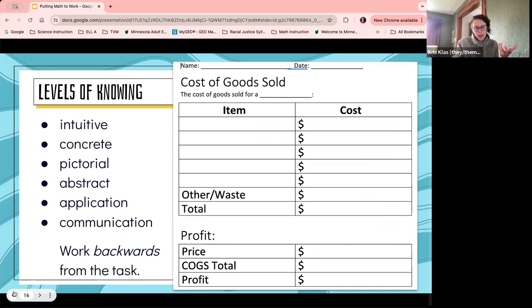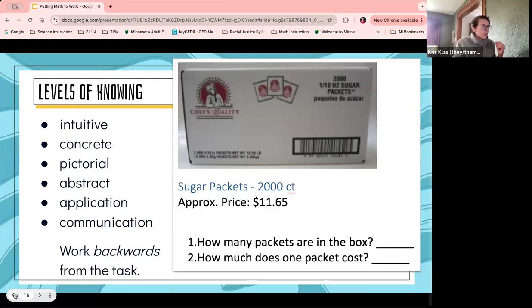It's not realia. You're probably going to have a different kind of invoice or form, but using the actual products builds buy-in. Oh, we're making a coffee shop. We're actually practicing with the items that we're going to be selling in the coffee shop.